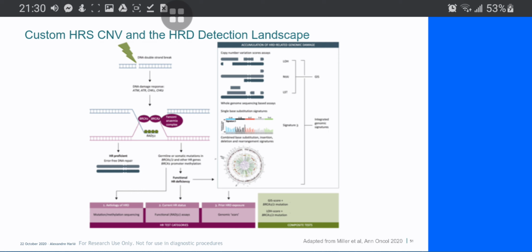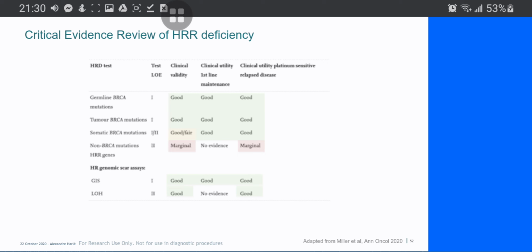Finally, I wanted also to show this slide that is from the same paper, just to remind that we have some level of evidence for germline BRCA mutations in clinical validity, in first-line maintenance, and in relapse. Also, BRCA tumor mutations have a good level of evidence.